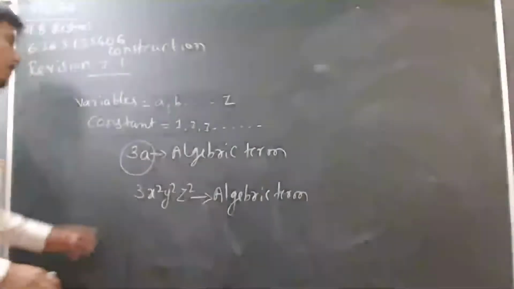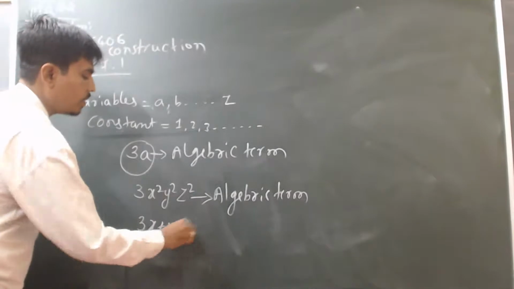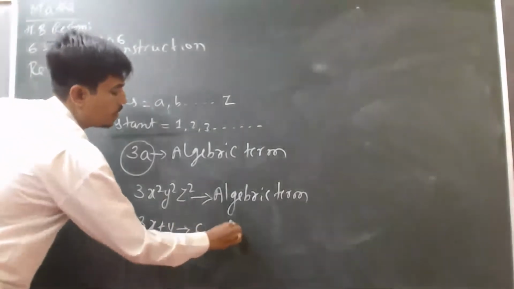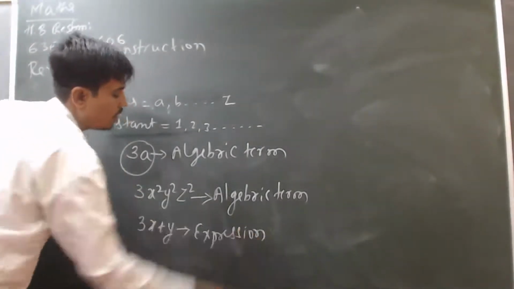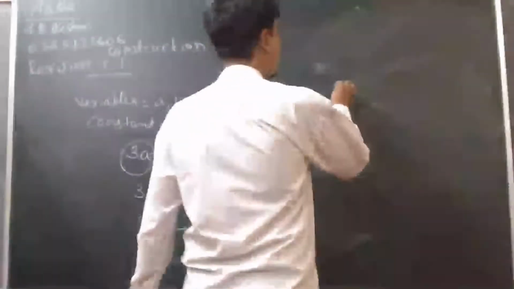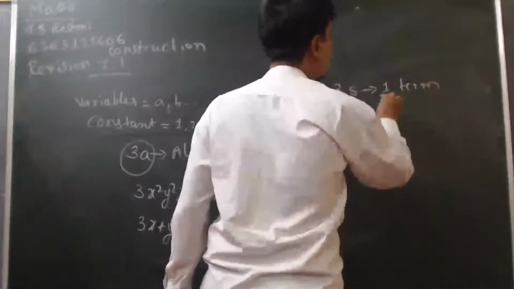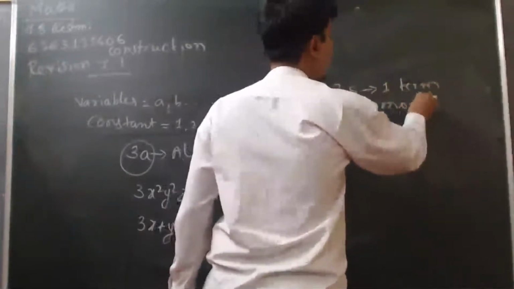And if I write 3x plus y, it will become an expression. If I write only 3s, one term, it is a monomial.